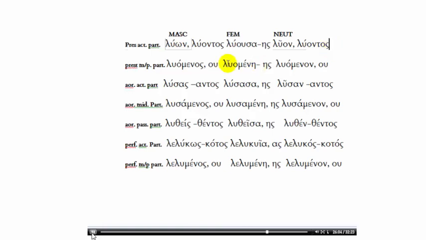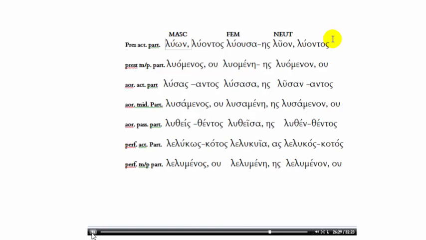So the declension of luon, luontos would be luon, luontos, luonti, luonta, luontes, luonton, luousin, and then finally luontas. All right, and the neuter would be similar, except in the neuter paradigm, where the nominative and accusative forms are always the same with a neuter noun.